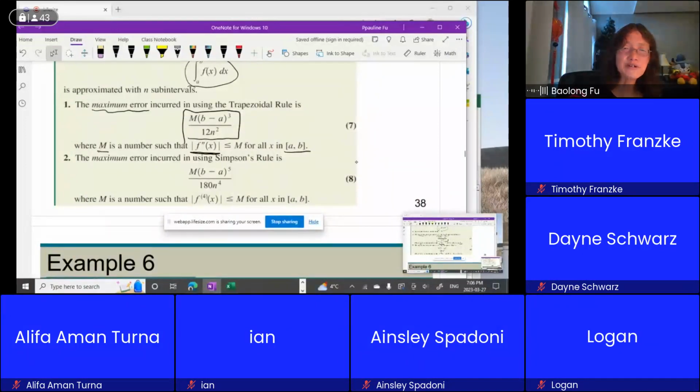And when you use Simpson's rule, this is the expression for the maximum error, where M is such that the absolute value of the fourth derivative is smaller or equal to M.